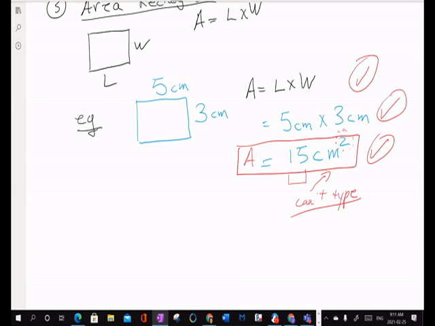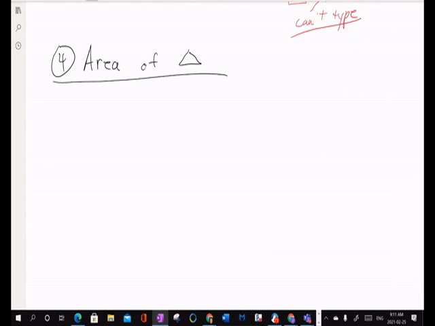Now, the next thing that we did was we took a look at the area of triangles. So remember the area of a triangle. So let's say I have a triangle that looks like this.